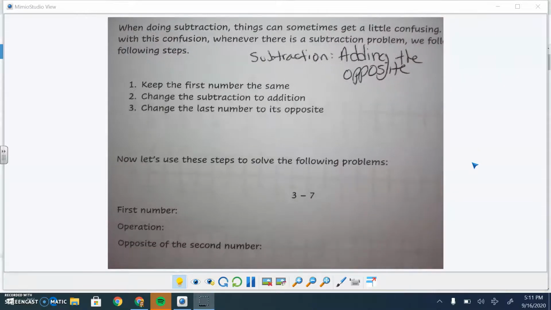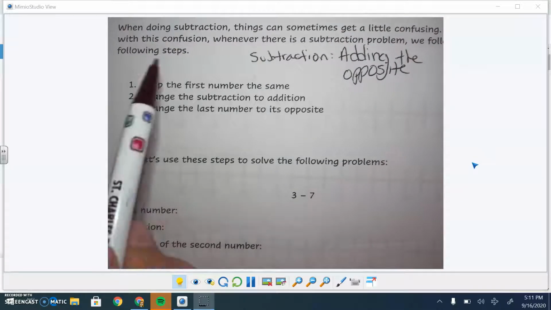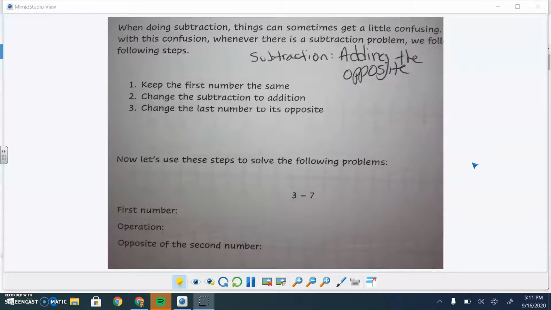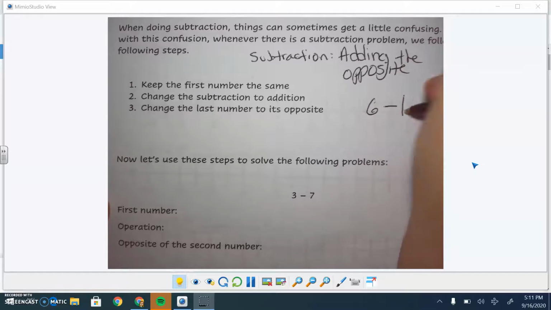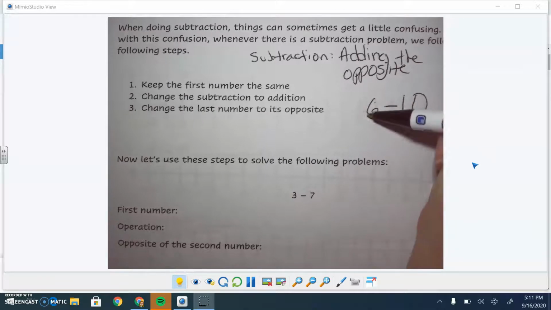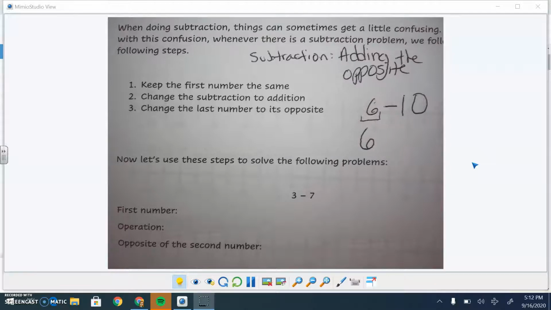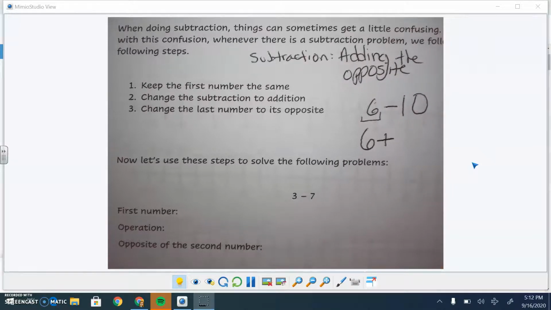So our steps go as follows. It says keep the first number the same. So if I had a problem like 6 minus 10, we're going to keep that first number the same. That's going to stay. I'm going to rewrite that right here. Change your subtraction to addition. So rather than a minus, I'm going to change it to a plus.